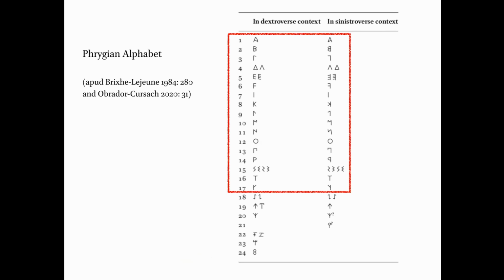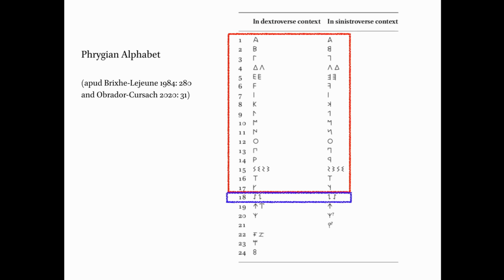And of course there are some slight variations in later shapes, but no big deal. The most prominent unusual feature of the Phrygian alphabet is the presence of a special letter for non-syllabic e, that is y.